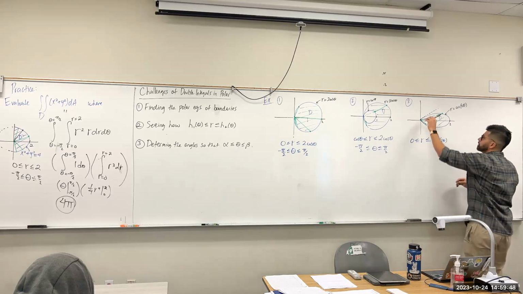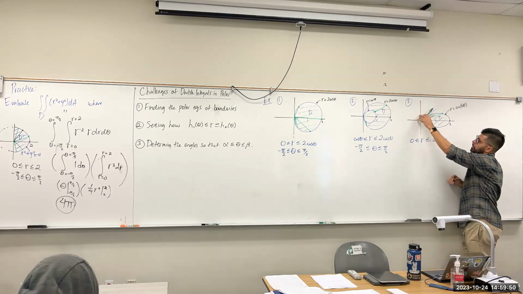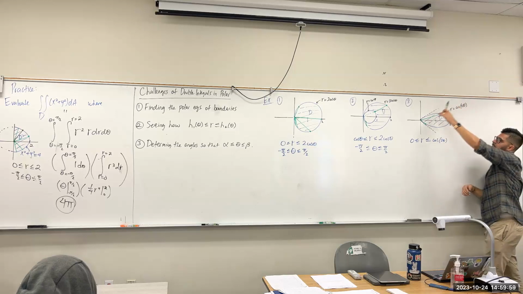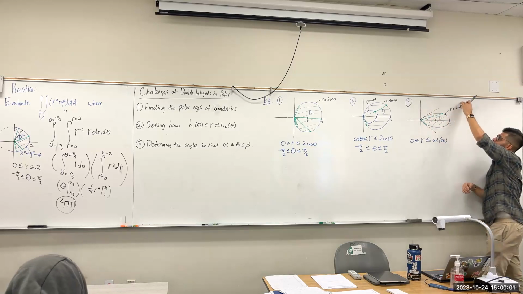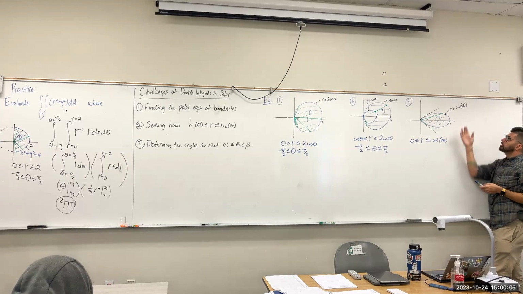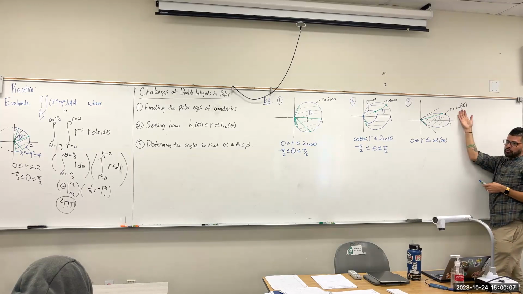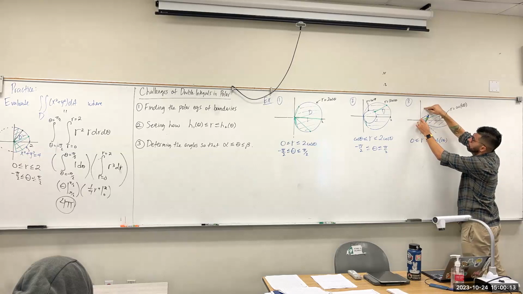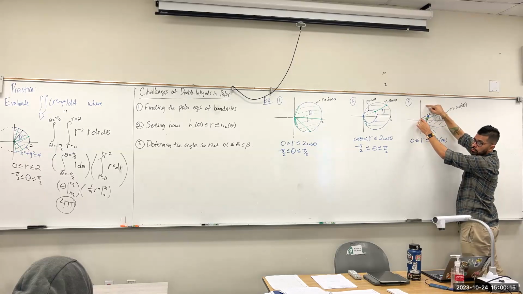Now notice, if I'm somewhere here, let's say this angle right there, I plug that angle into this function. Let's say it's like 60 degrees. What's that? Pi over 3? You put that in your calculator, that's going to give you some positive answer. So for that angle, will I have a point anywhere on my region?